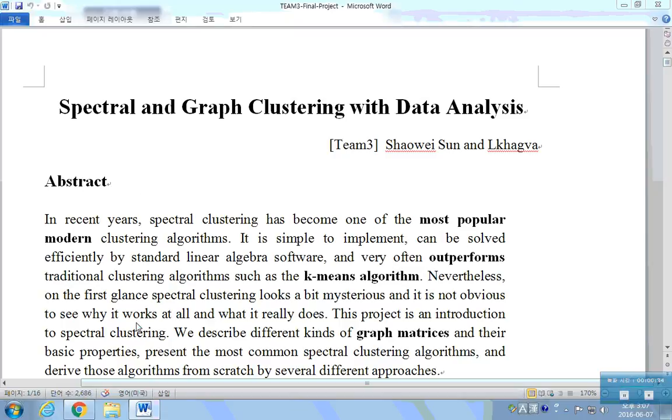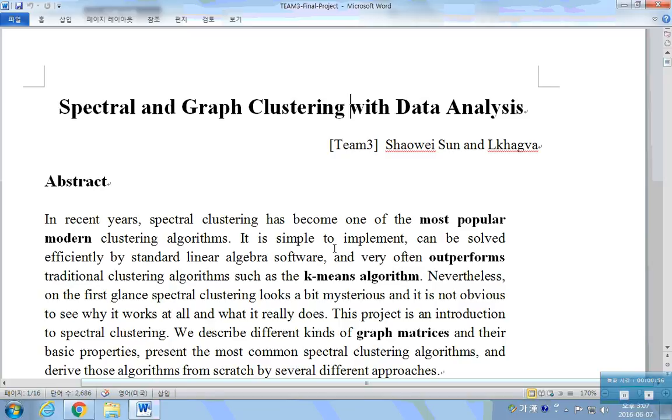In recent years, spectral clustering has become one of the most popular modern clustering algorithms, because real data can easily be translated into a linear algebra system.